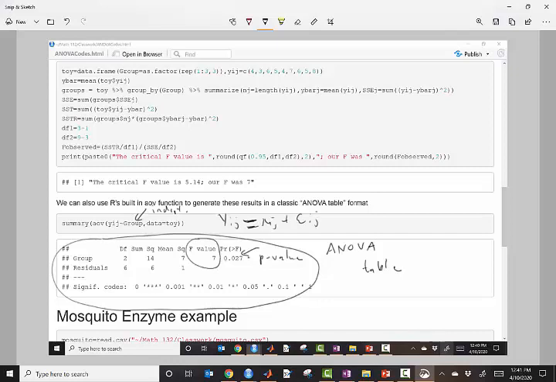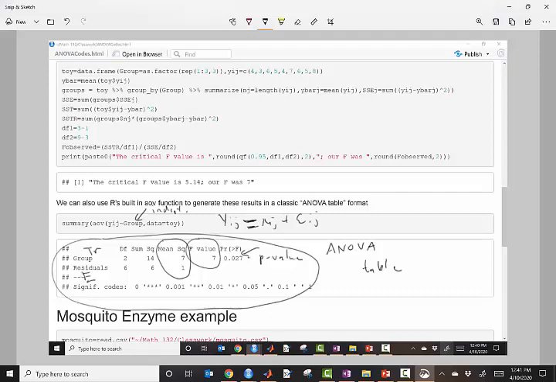Now, if we look to the left, we see the other quantities which were used in the computation of F. F itself is a ratio of these two mean squared quantities. The top one, where it lists group, think of that as the variability between groups, the treatment values. The second one, where it says residuals, think of that as the E's, the errors.